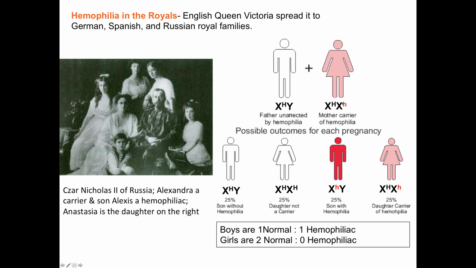Whereas for the daughters that get an X chromosome from dad, both of them would inherit that X chromosome that has the dominant allele, and they would be fine. 50% of the daughters would receive the hemophiliac allele from mom, but they would still have the dominant one to cover it up. So none of the girls would be affected, but 50% of the boys would have the chance of being affected.